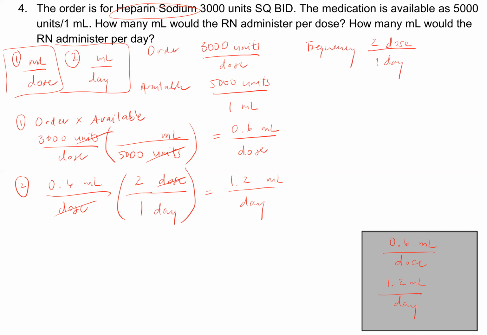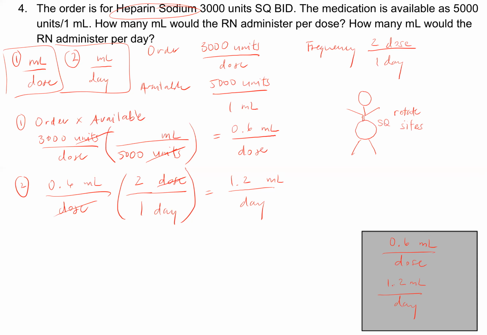Meaning that if you're giving it BID, so 2 doses per day, the morning RN usually gives it on one side of the abdomen and the evening RN gives it on the opposite side of the abdomen. You don't want to give the same injection in the same site in one day.